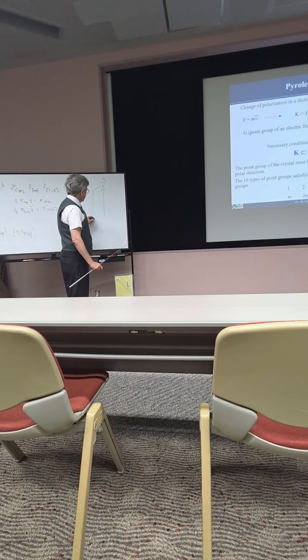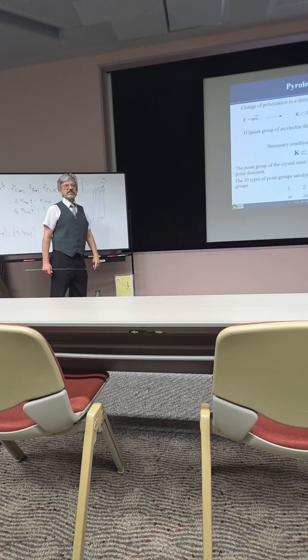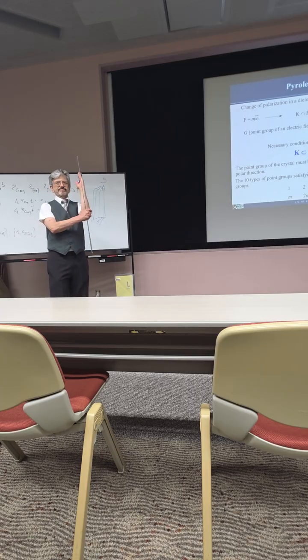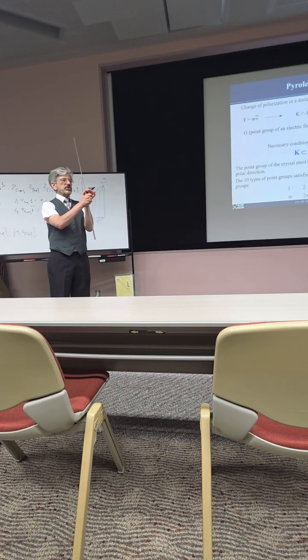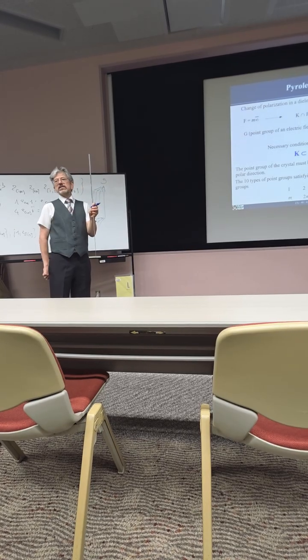And of course, any plane that contains this vector is a symmetry plane for the vector itself. However, there is no mirror perpendicular to it. There is no 2-fold rotation perpendicular to it. There is no inversion, because up and down would kill the effect.